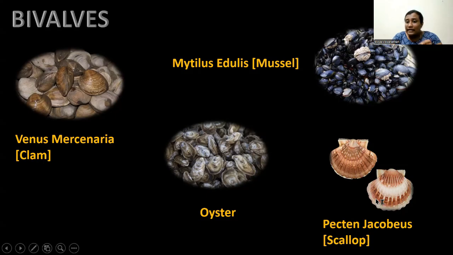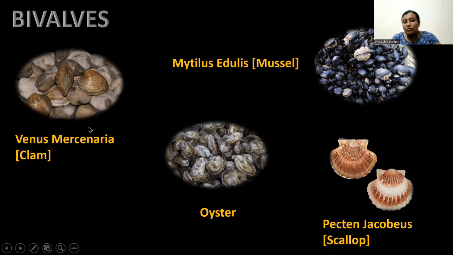Because by nature, by habitat, this bivalve moves by clapping its shell like this. I'll show a video of it. It moves. Its survival mechanism is movement. If somebody comes and touches it, it moves.